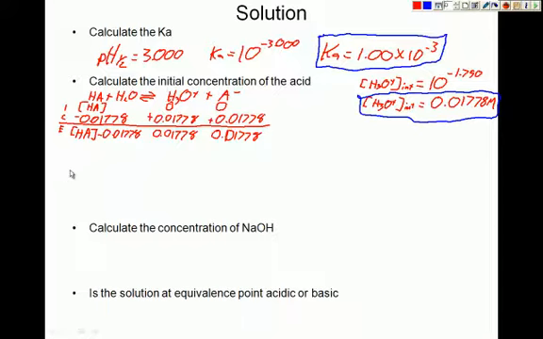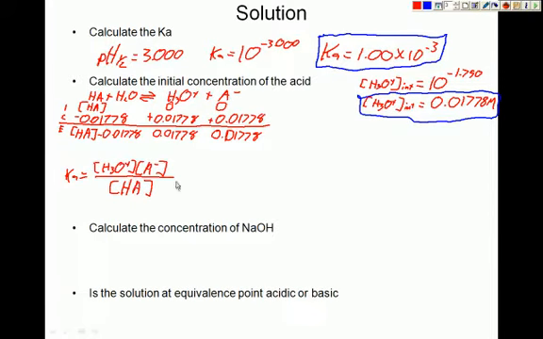So again, our Ka is going to equal the concentration of H3O plus times the concentration of A minus, divided by the concentration of HA at equilibrium.